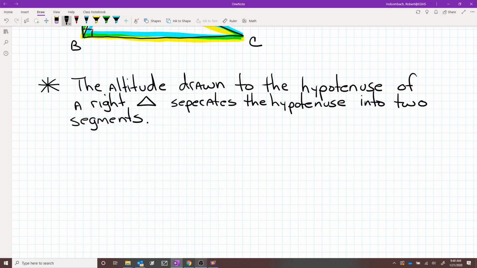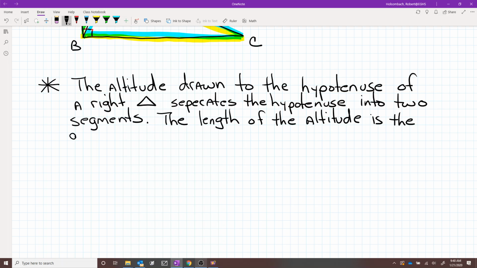The length of this altitude is the geometric mean of the lengths of the segments. The length of the altitude is the geometric mean of the two segments.